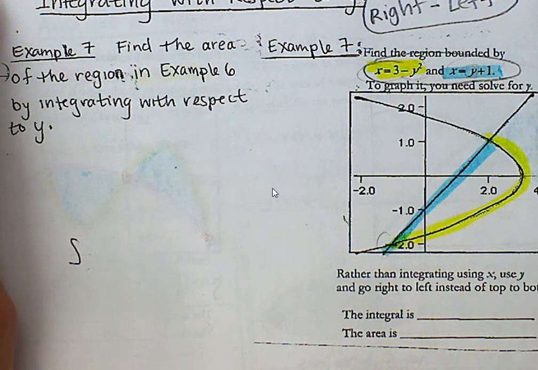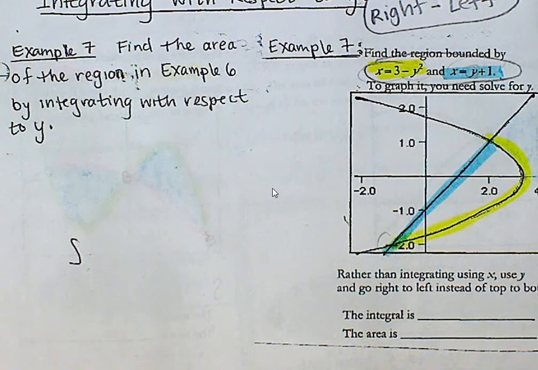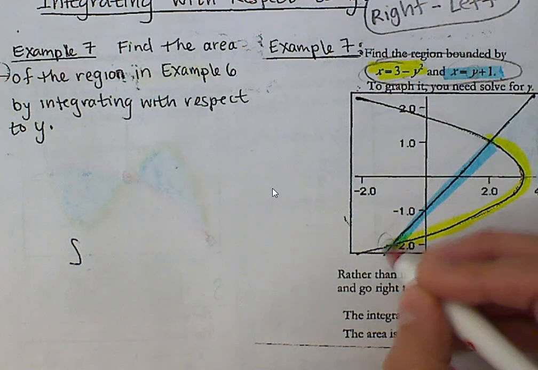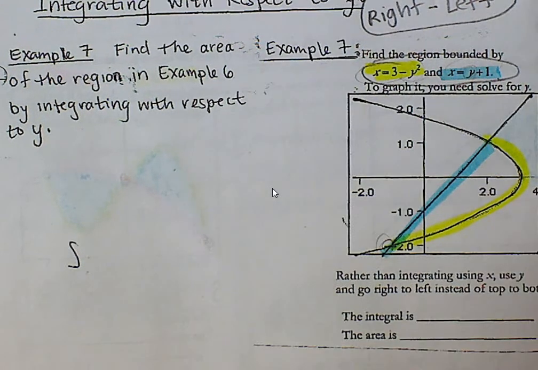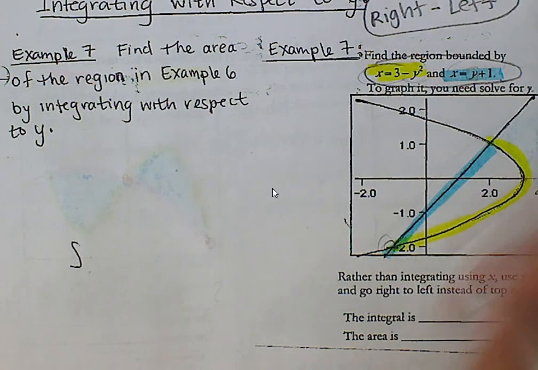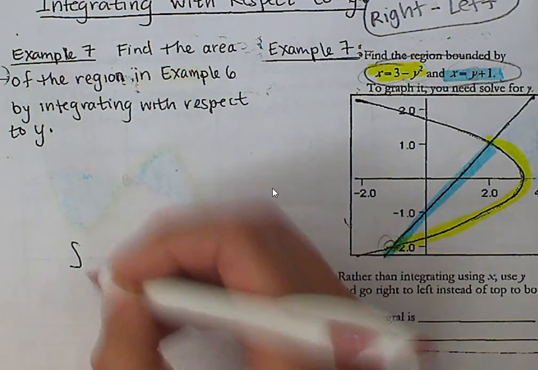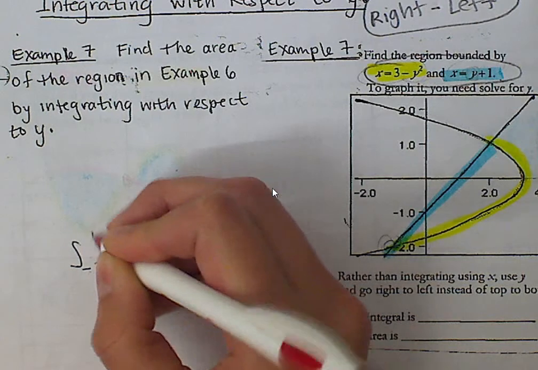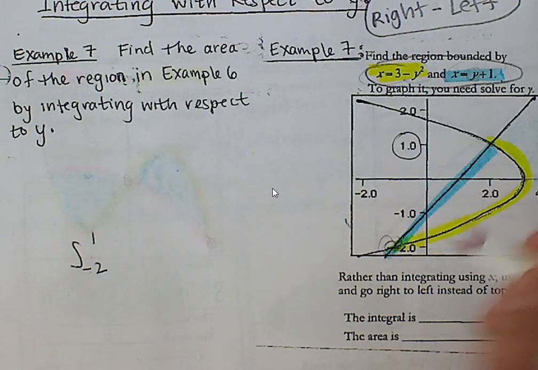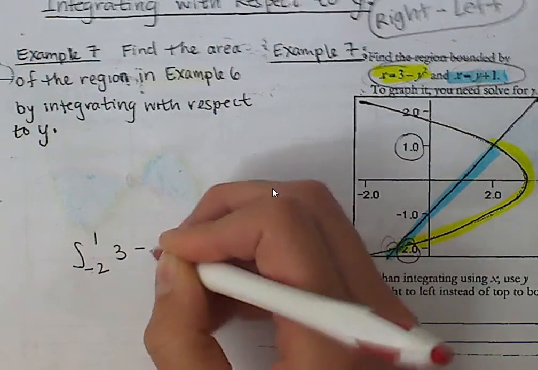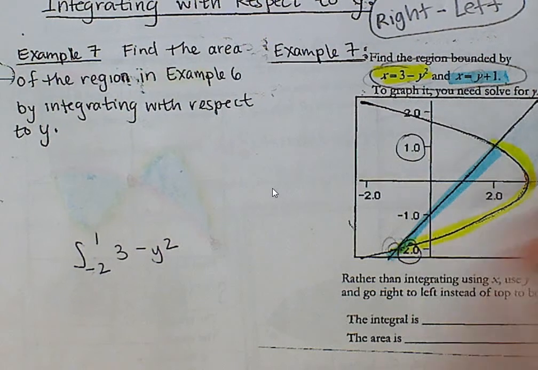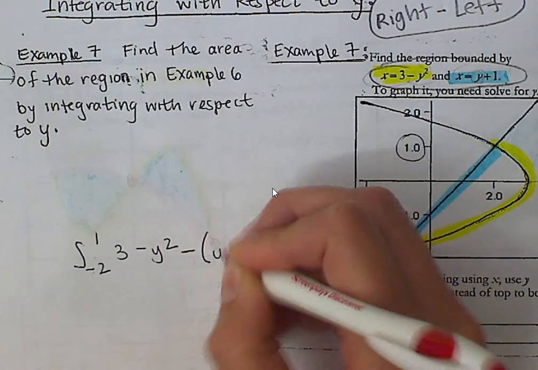I could set these equal and solve for the points of intersection, and I would get -2 and 1. So it's -2 to 1. I'm using y values. The right function is 3 minus y squared, and the left function is y plus 1 dy.